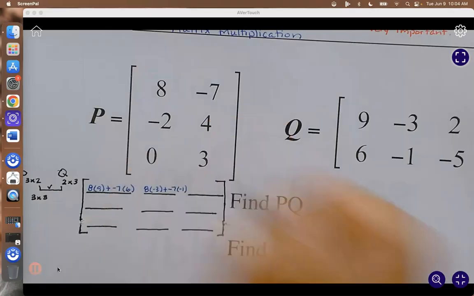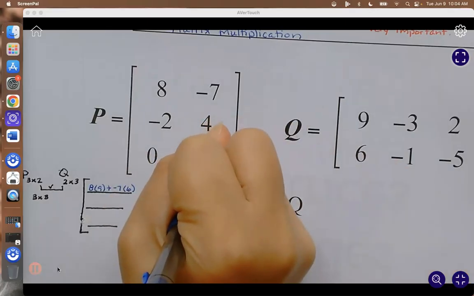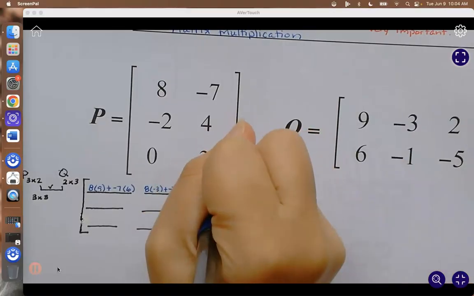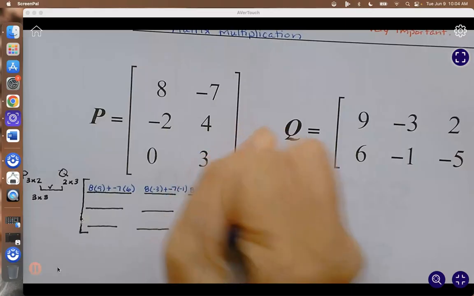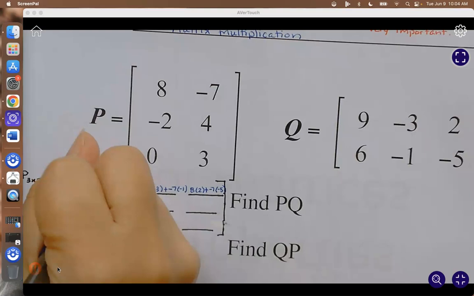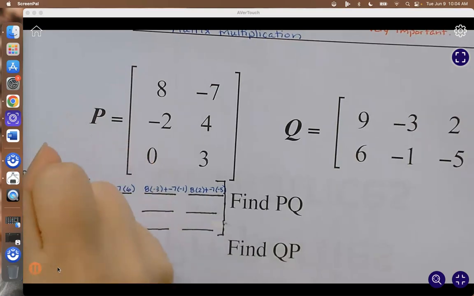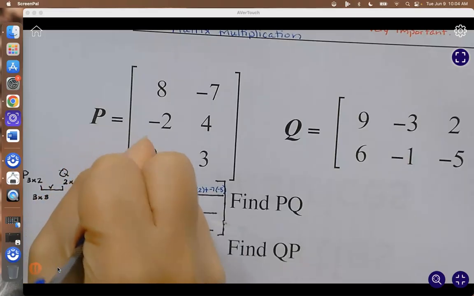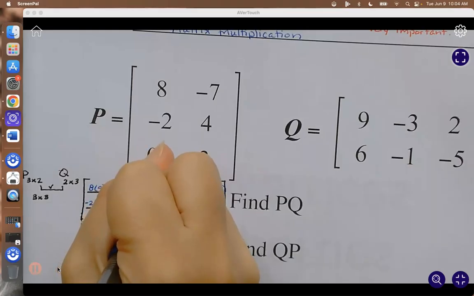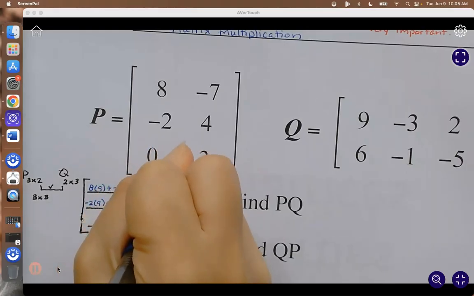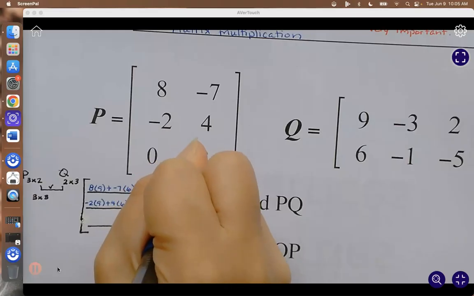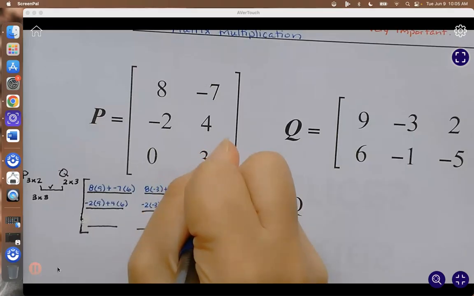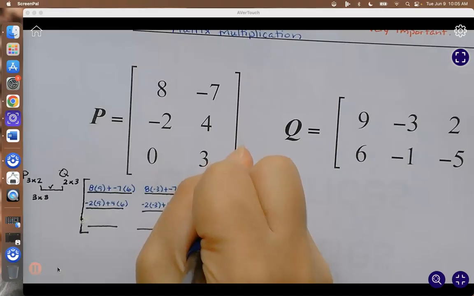And then we're going to do 8 times 2 plus -7 times -5. Go to the next row. -2 times 9 and 4 times 6. -2 times -3 plus 4 times -1. -2 times 2 plus 4 times -5.